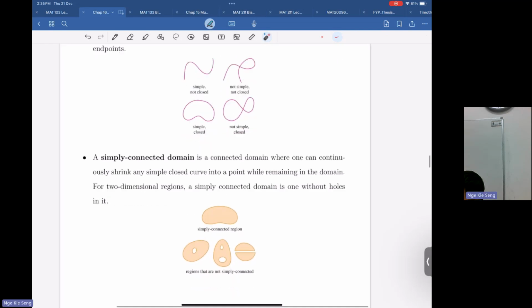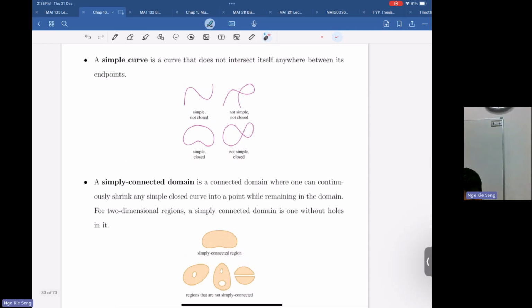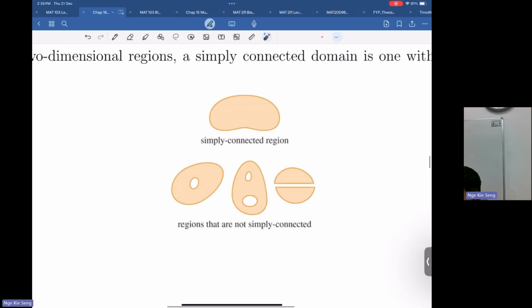Straight line? A straight line is not a closed curve, right? I need a simple closed curve. A straight line you can just shrink to a point. But I want simple closed. Simple means doesn't intersect itself. Closed means a loop. And so if you form a loop here, you can shrink to a point. You can just shrink to the center.